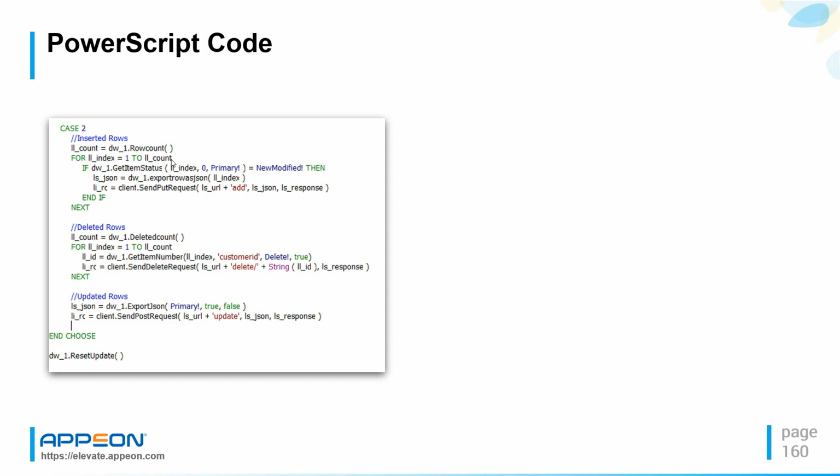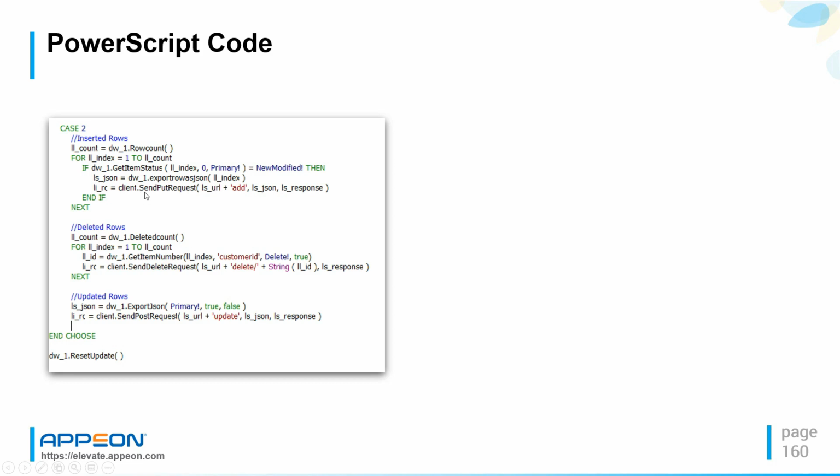And so what I'm going to do here then is, if this is case 2, which is where we're doing the client agnostic approach, first thing I'm going to do is loop through the data window looking for inserted rows. If I have an inserted row, this is another 2019 R2 feature, the ability to export a row as JSON. I'm going to do the export row as JSON to get that one particular row. Now, this is another 2019 R2 new feature.